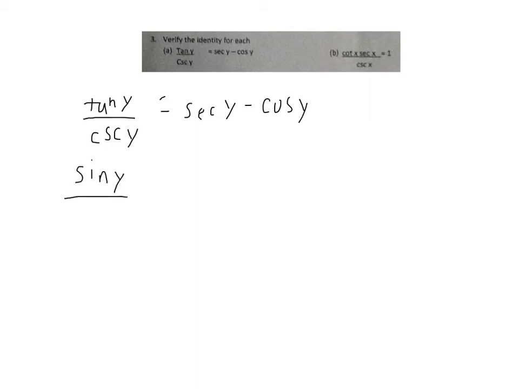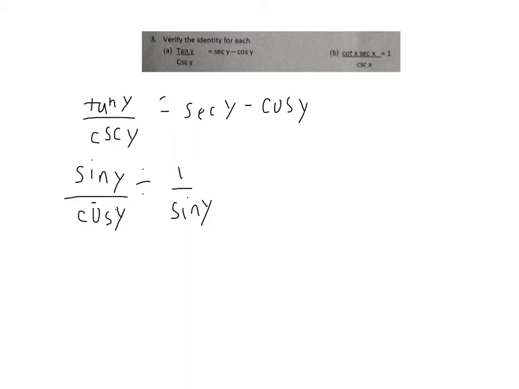Sine of y divided by cosine of y is equal to tangent of y, and that is divided by 1 over sine of y, which is equal to the cosecant y.